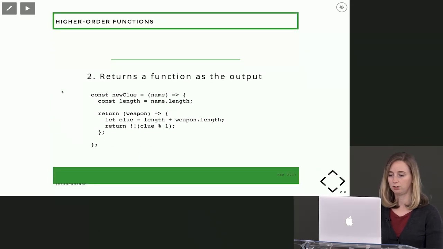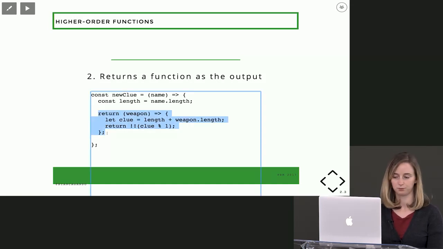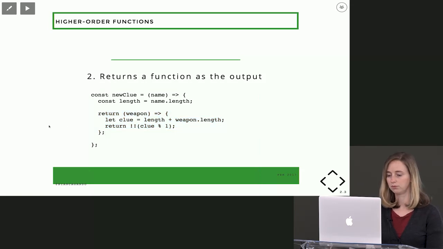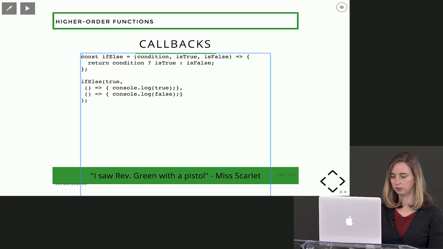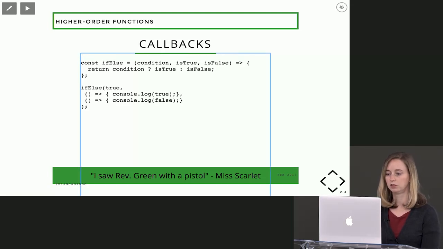And we can return a function, as we saw before, as an output. Here we are returning a function. All right. So callbacks are just functions that we pass to functions.